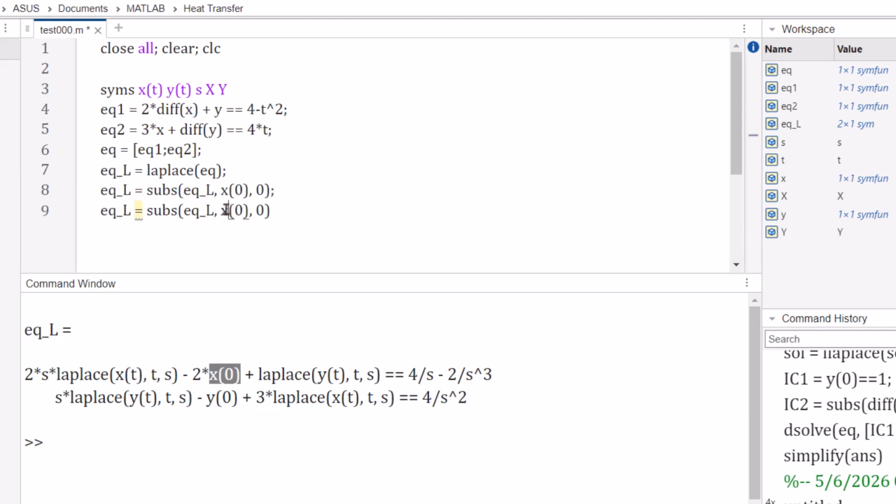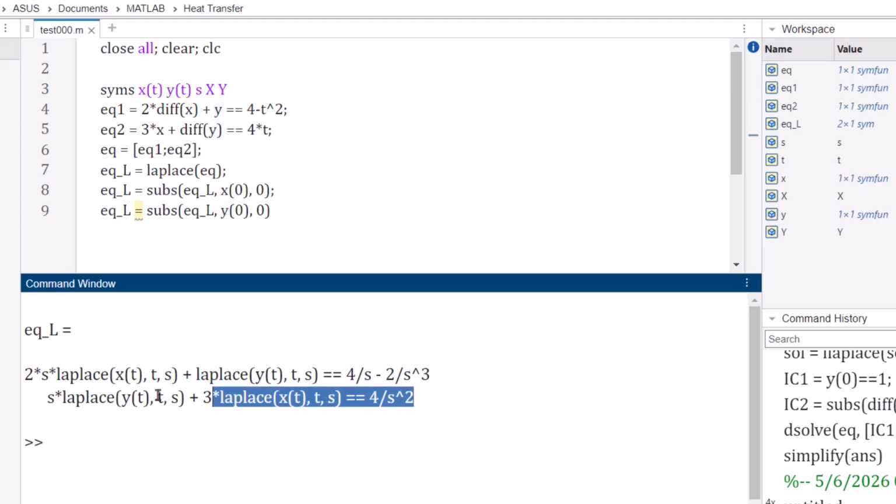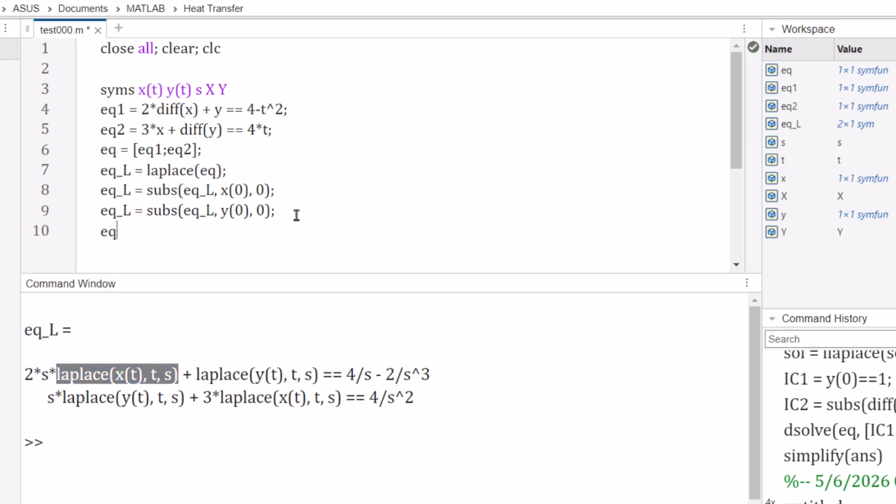And I do the same thing with y. Then I define capital X and capital Y as the transform of small x and small y into the Laplace domain.